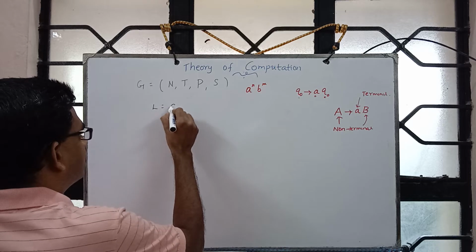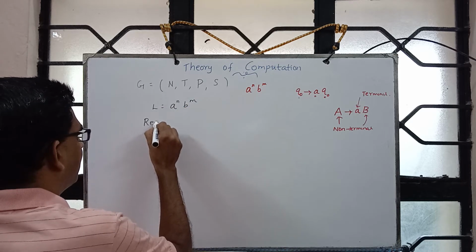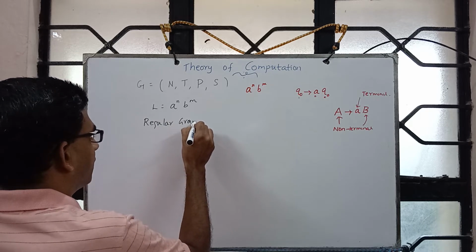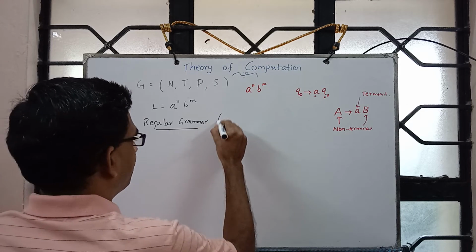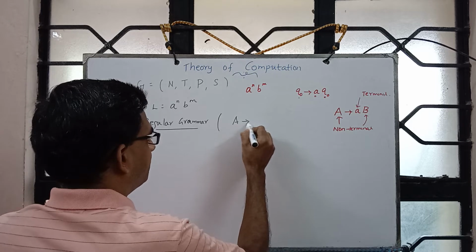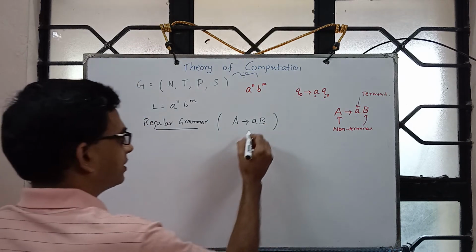So let's look at this. The language is a power n b power m. We need a regular grammar. Remember, for any regular grammar, every production must be of the form: a non-terminal implies a small a followed by a non-terminal.